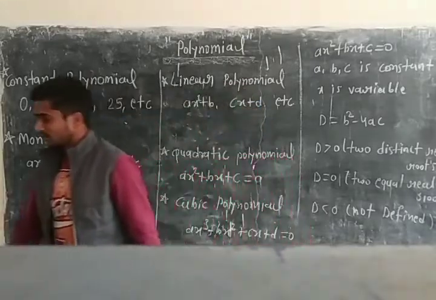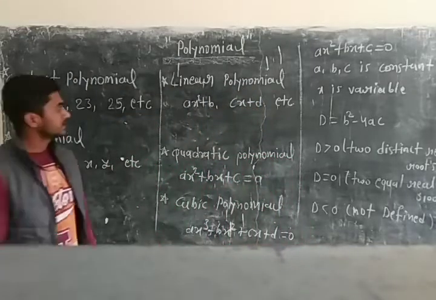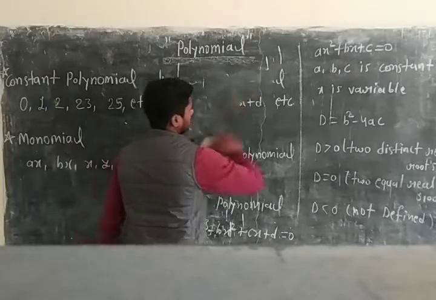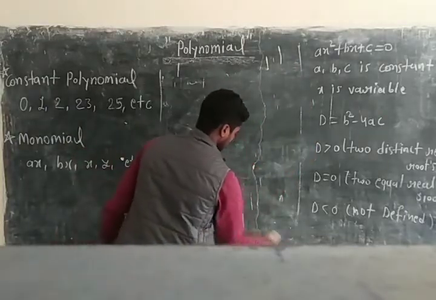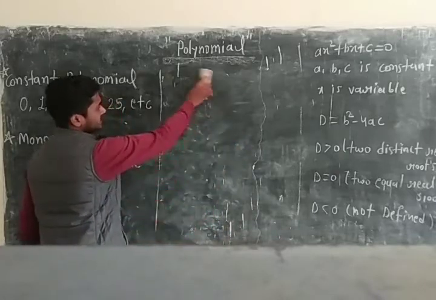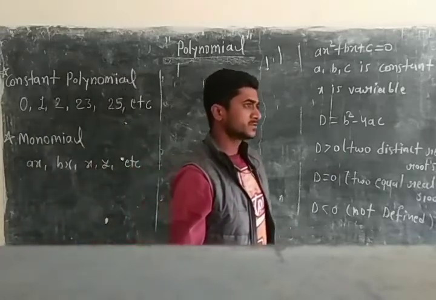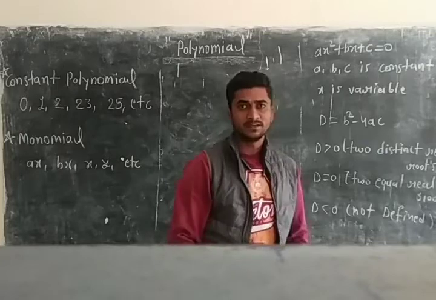And one more formula is there, by which we can get roots. There are two methods present in the 10th syllabus by which we can get the roots or zeros of x. The first method is the splitting method, and the second one is the formula by which we can get the roots.